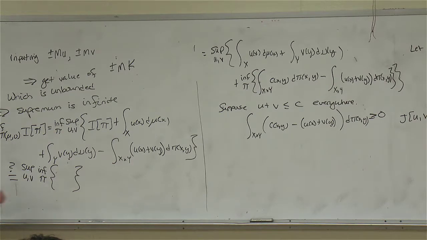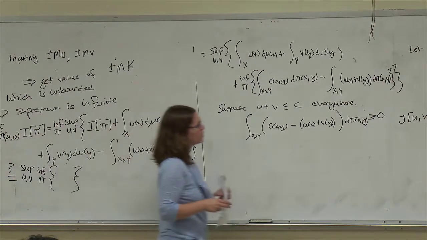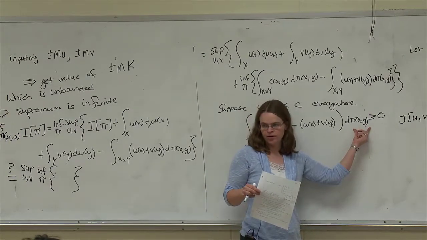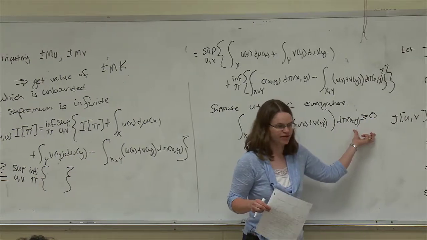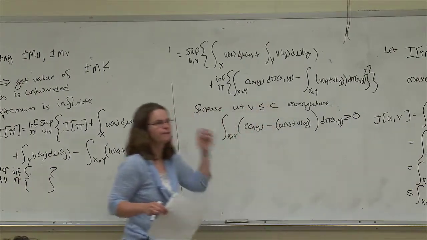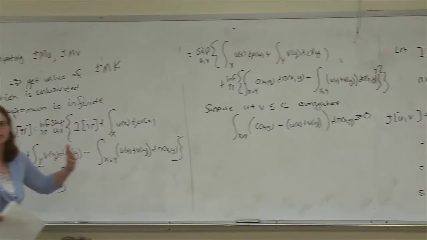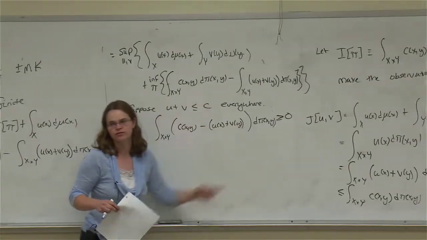The infimum is 0, exactly, right? So here, we're not assuming pi has the right marginals. We're not assuming that it's a probability, that it has total mass 1 or anything like this, right? It's just some positive measure. And that means that we can pick a positive measure that gets this value arbitrarily close to 0.